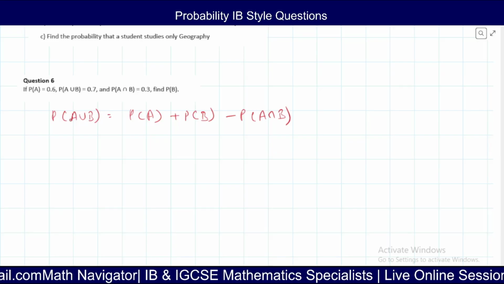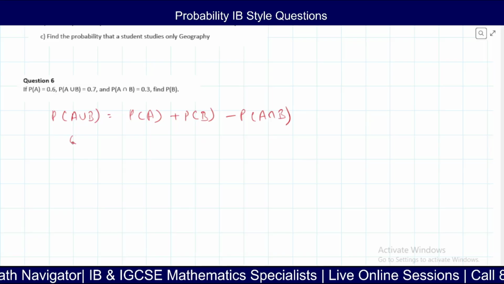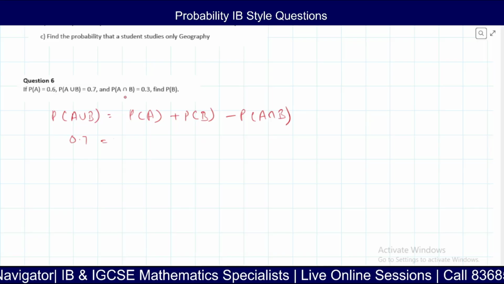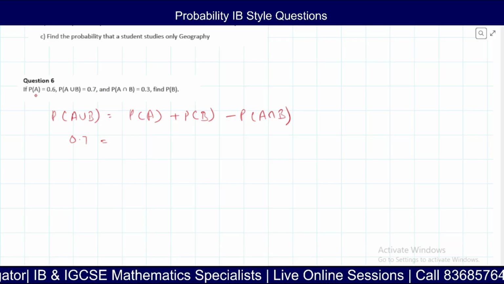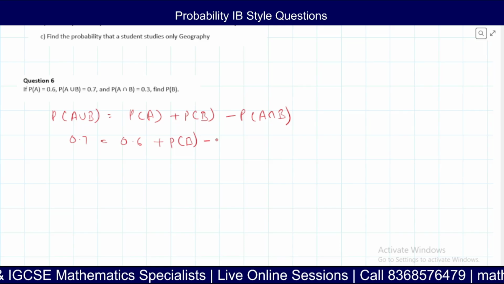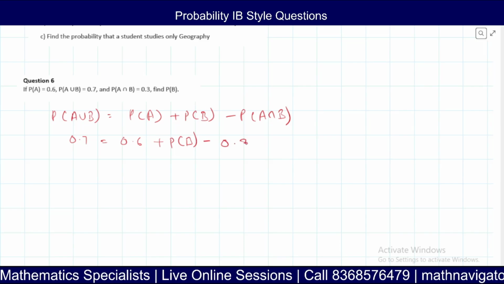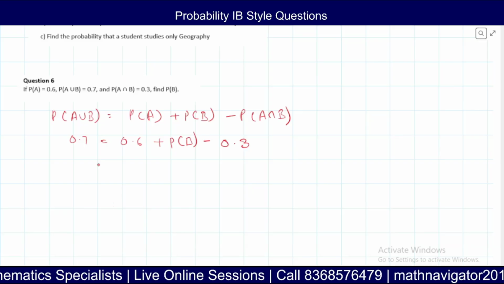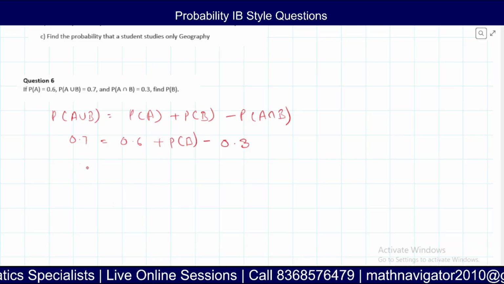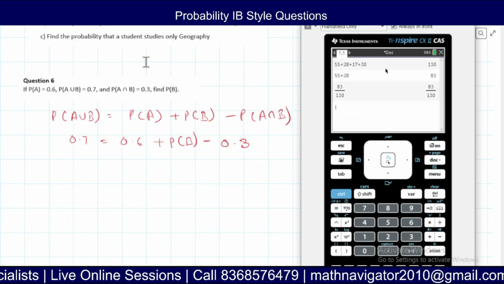So probability of A union B is given as 0.7. Probability of A is 0.6, probability of B we need to find, and probability of A and B is 0.3. Now let me use the calculator for this.